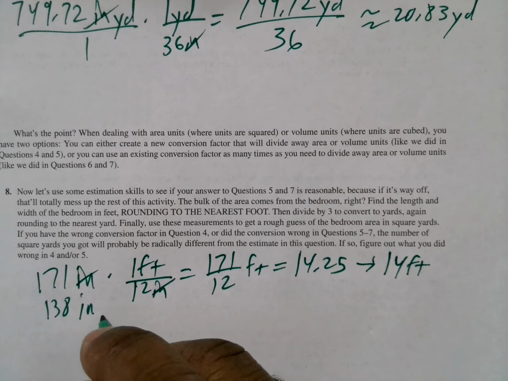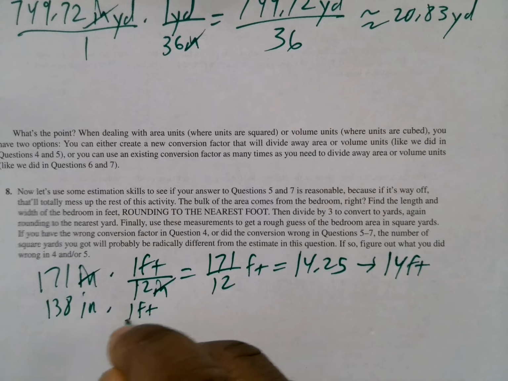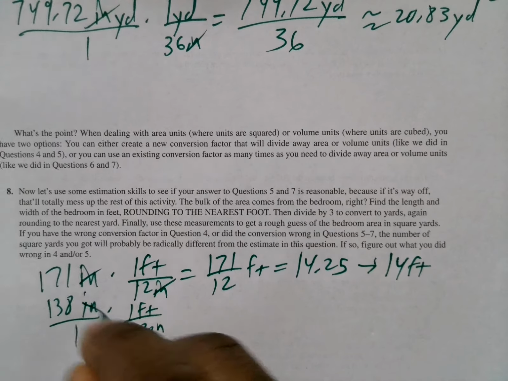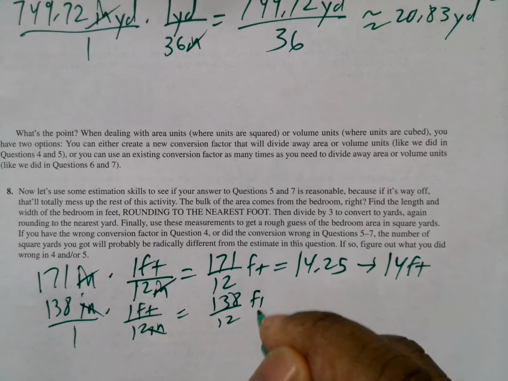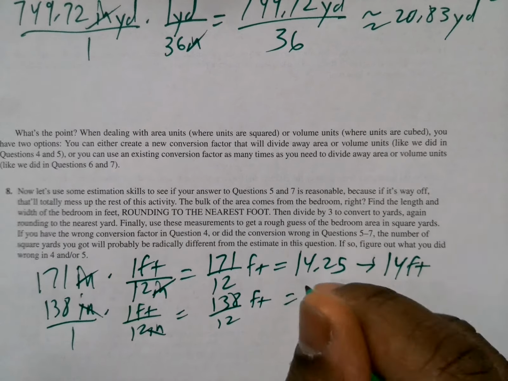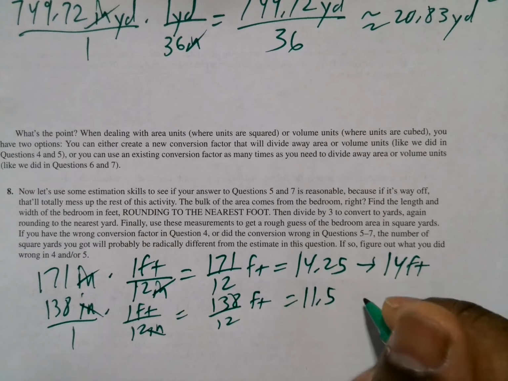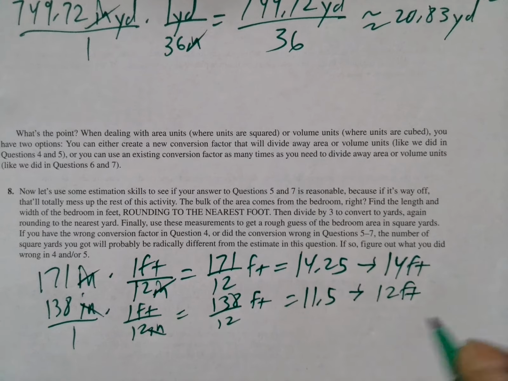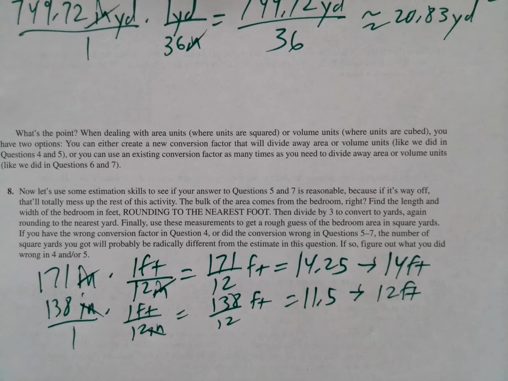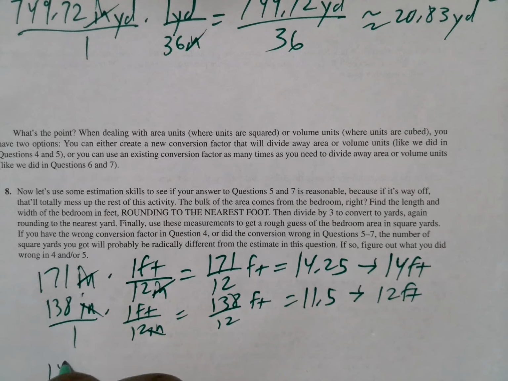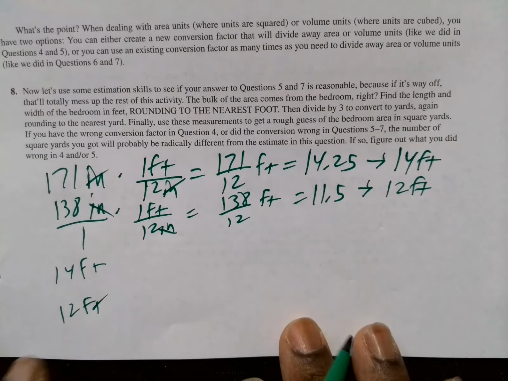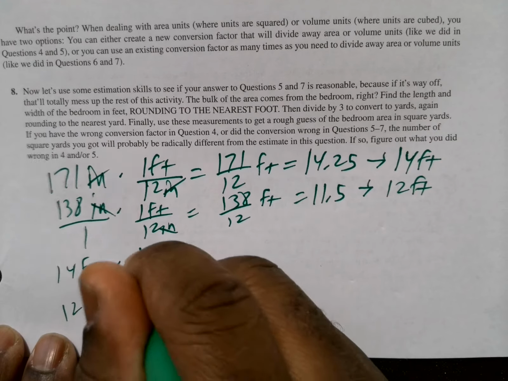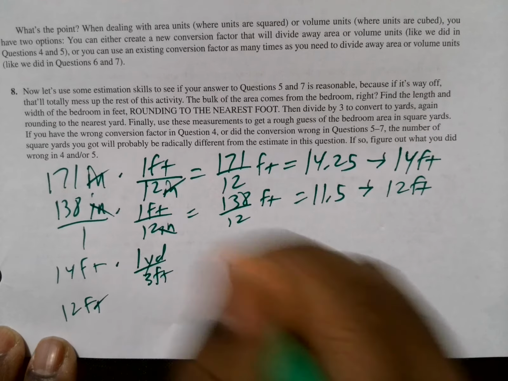Now, if we take this 138 inches and multiply by 1 foot over 12 inches, the inches will simplify out, and it'd be 138 over 12 feet, which is equal to 11.5 when you put in your calculator, which rounds to about 12 feet. Now, the next thing we want to do is change these feet to yards. So we will have 14 feet and 12 feet. So we'll multiply this by 1 yard over 3 feet.